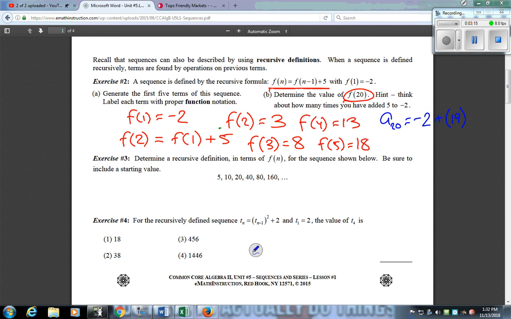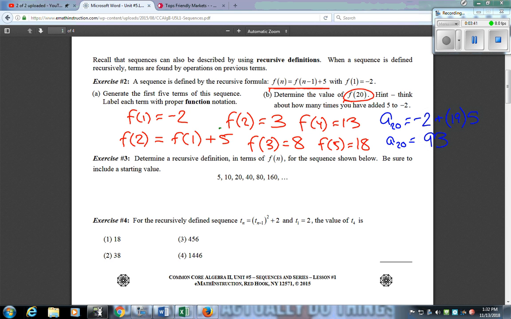In this case, we're going up by 5, so that'd be multiplied by 5. So to find the 20th term, you'd have 19 times 5, which is 95, minus 2, which would be 93. And this is the formula for the arithmetic sequence. There is also one that we'll talk about later on for geometric sequences as well.